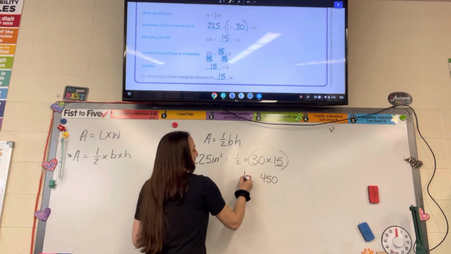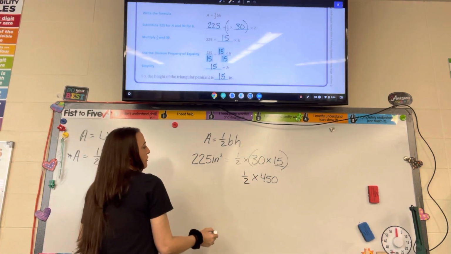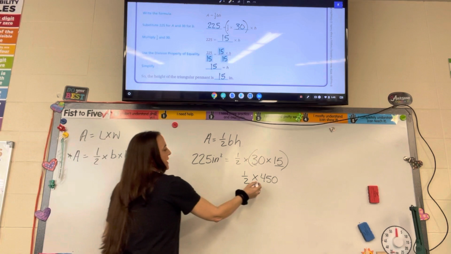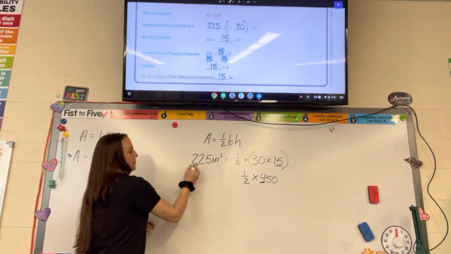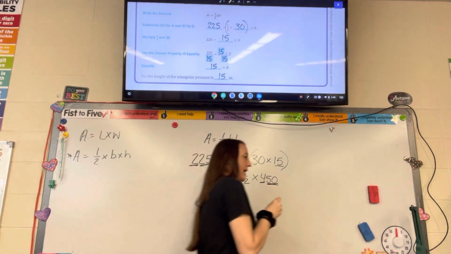And then we take 1/2 of 450. 450 divided by 2. What's half of 400? 200. What's half of 50? 25. So that is correct.